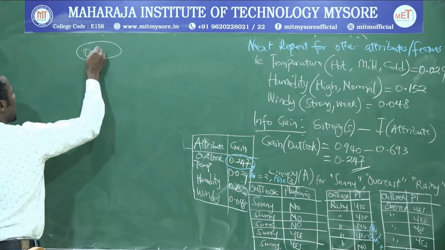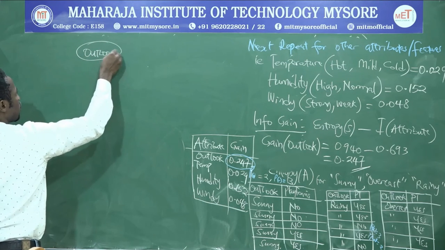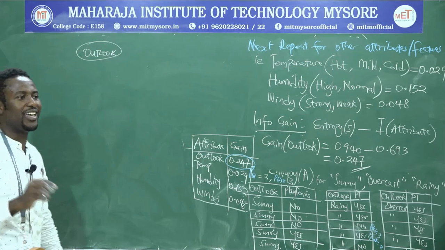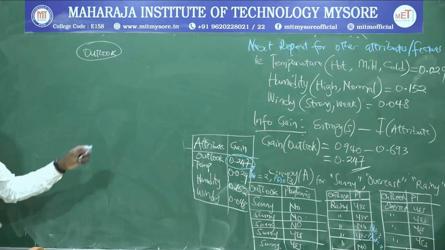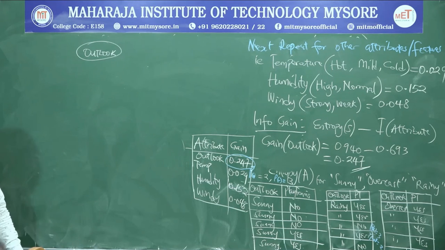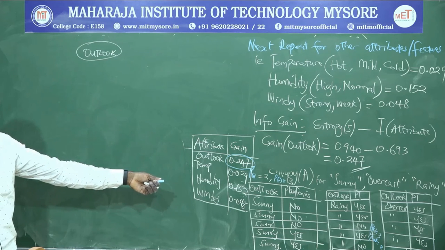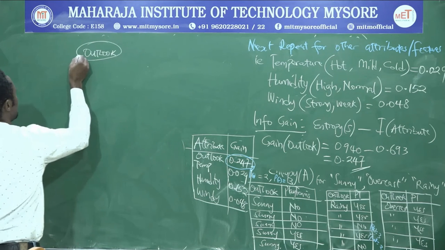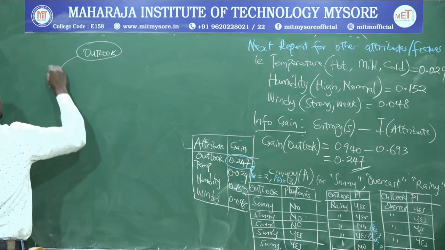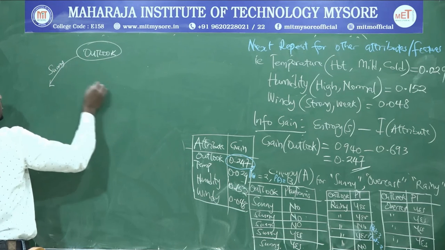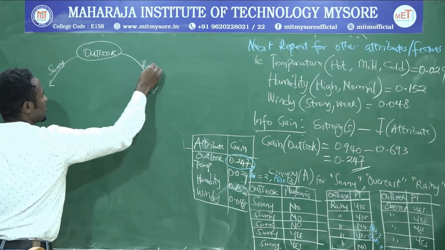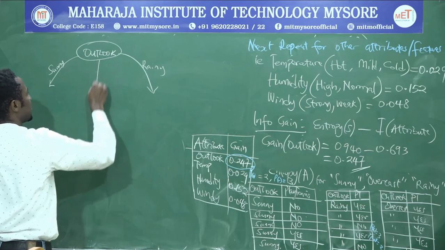Outlook, no doubt, is our root node. Now, outlook has other values: sunny, rainy, and overcast. So we branch it now: sunny, rainy, and overcast.